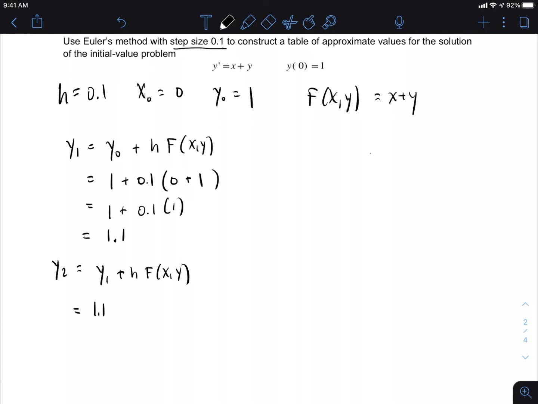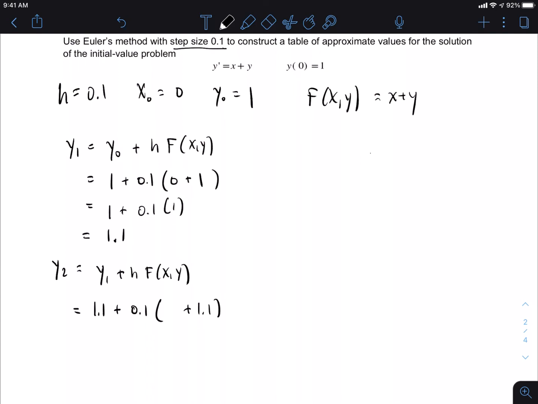Okay. So what is y sub 1? It's 1.1 plus 0.1 times what's now our x sub 1. Is 0. What's that? I'm sorry? No, what did you think it was? I would say the y would be with the 1.1, and then we use that to solve for x. That's 1.1, but then what's my x?